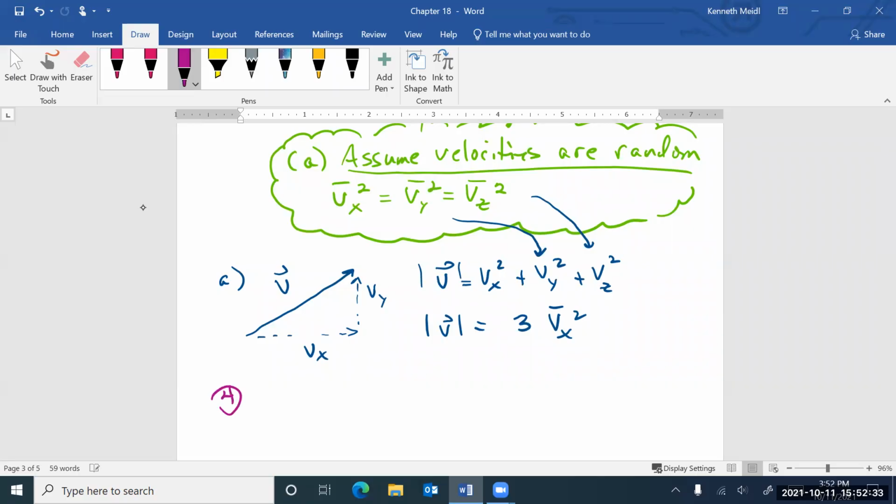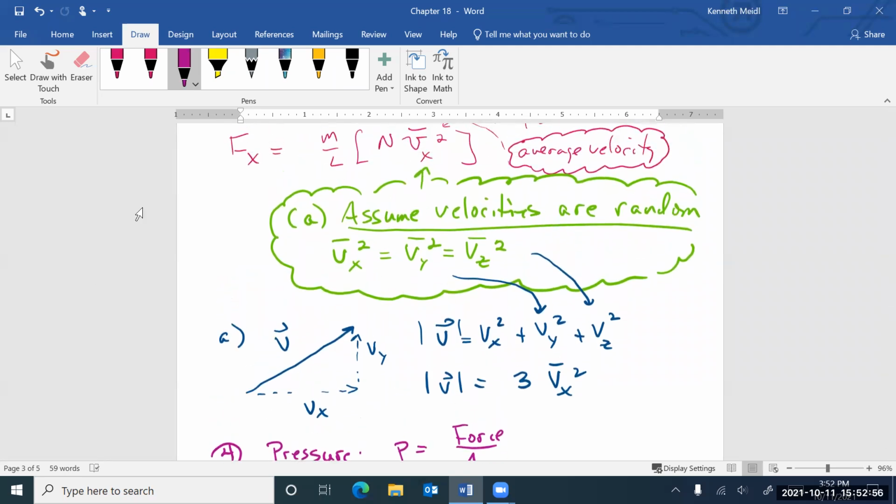And let's bring in this idea of pressure. Let's see what this tells us here. So pressure is defined as force per area. This is exactly the same pressure that we saw back in chapter 13. And so now I've got something up above here for force, right?